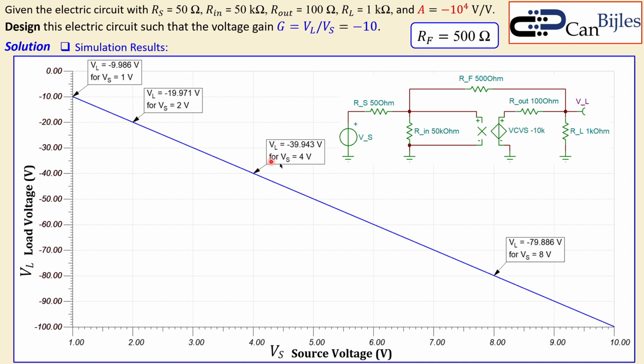And also here, for 4 volts as our VS, and also for VS of 8 volts, you get approximately minus 10 as the voltage gain. So voltage gain is very close to minus 10 for this case. Of course, if you make this 500.7, you will get exactly minus 10. But this is just to show you that the error is very small here.